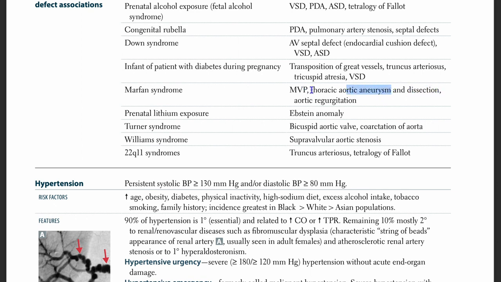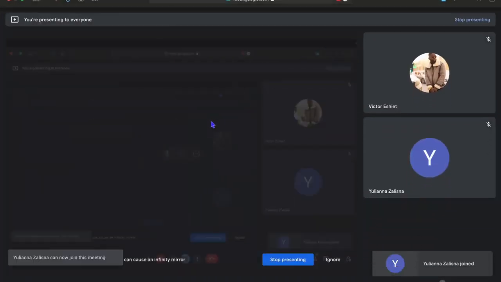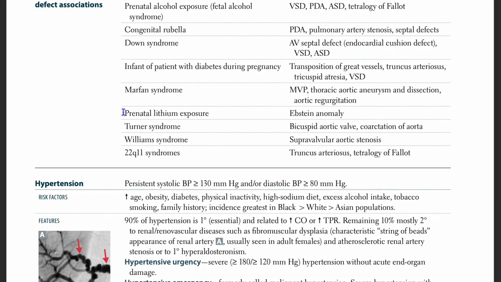This one is iffy, and this one is iffy, but MVP and dissection. And then you have prenatal lithium exposure, that causes Ebstein anomaly.